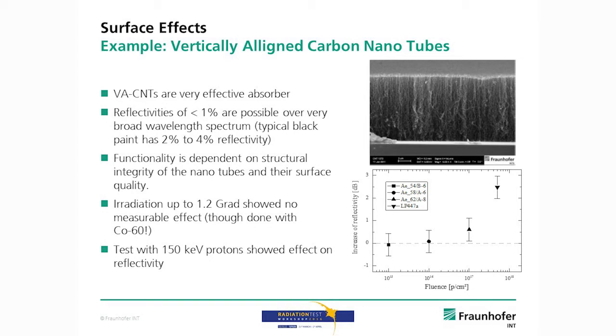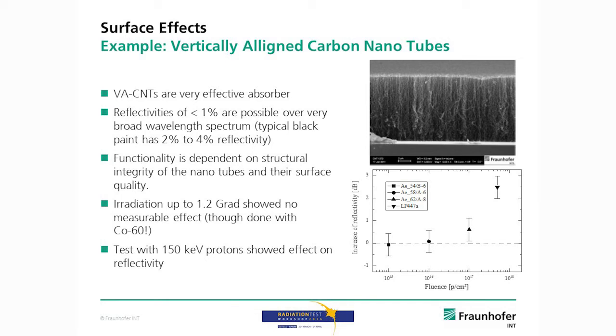Just to give a little interesting example that we looked into in our lab, this is vertically aligned carbon nanotubes. You have a picture here on the right. This here is 2 micrometers, so it's about 10 micrometers long.